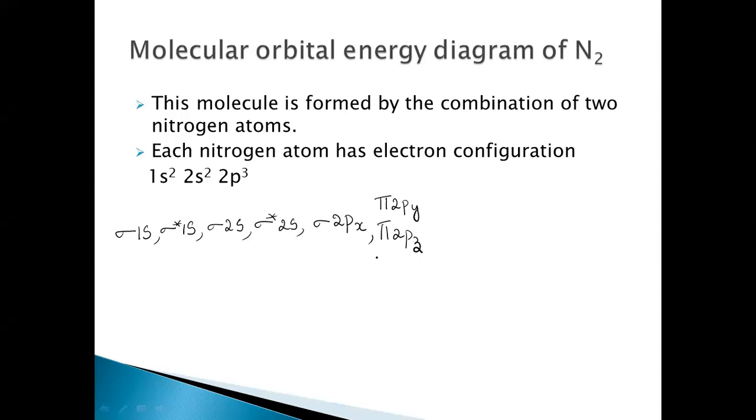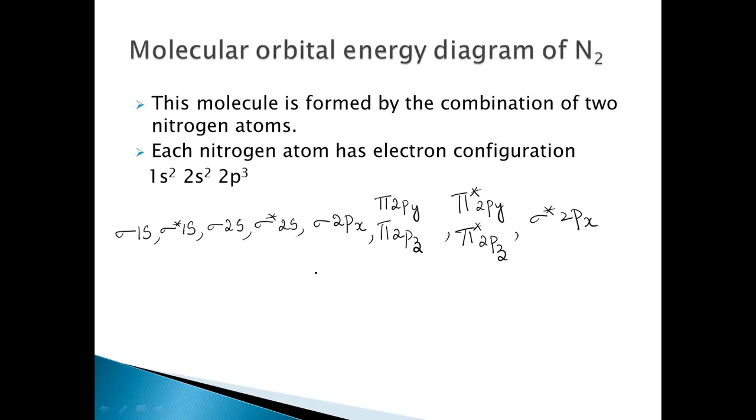A lateral overlap results in higher energy molecular orbitals, which is why the energy of pi is more than sigma. Then come the antibonding pi star 2py and pi star 2pz, then sigma star 2px.